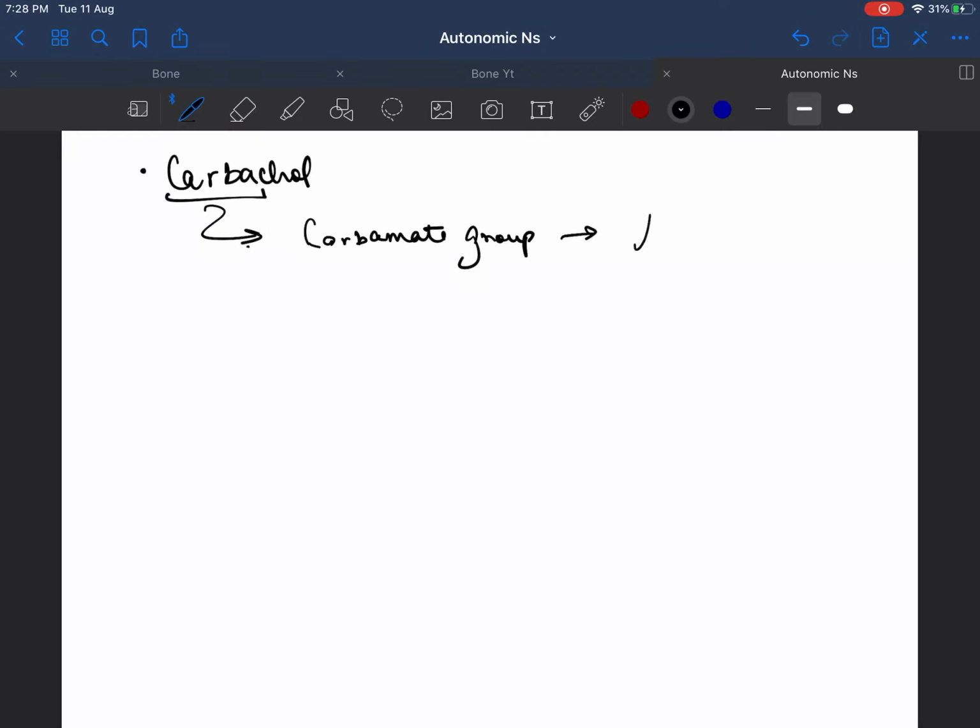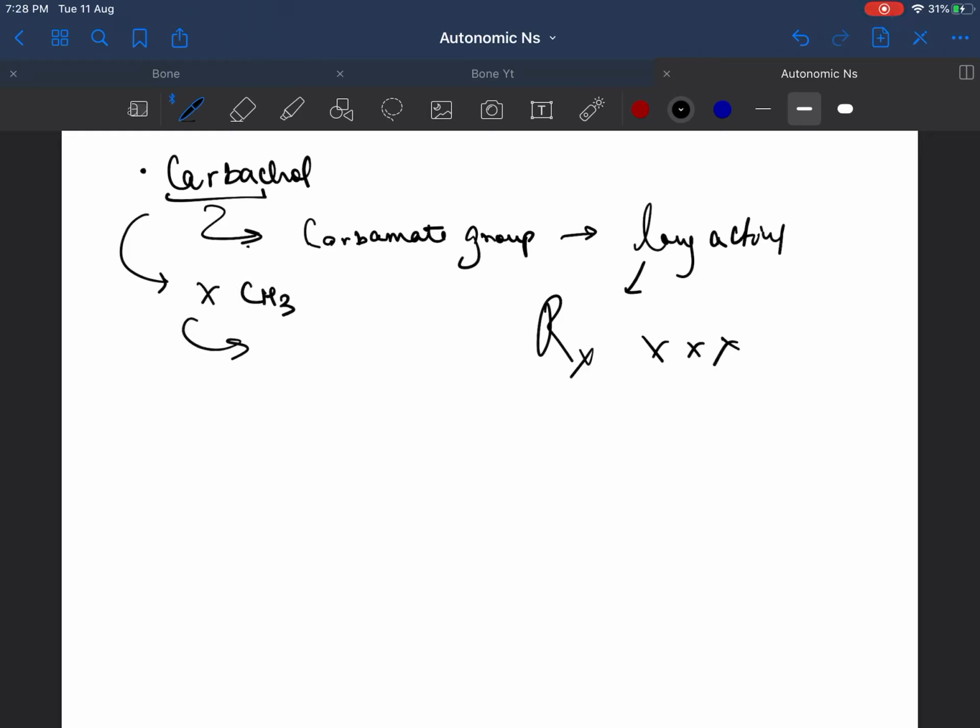So it is very long acting, because acetylcholinesterases take a longer time to cut down the carbamate group. But pharmacologically it is not very useful. Carbachol has no uses, but as it does not contain the methyl group, it can actually act on the nicotinic receptors too, but still there is no sufficient therapeutic value to this drug.